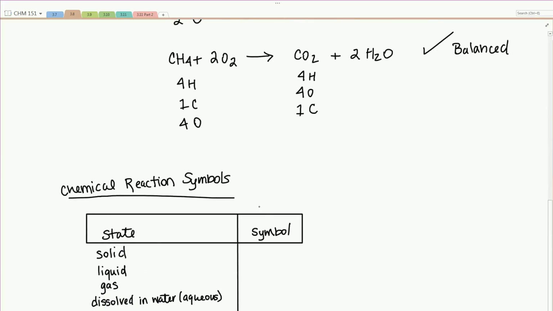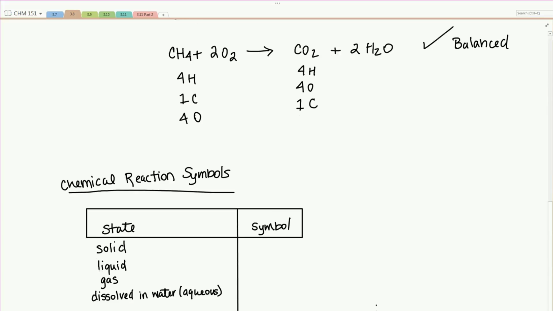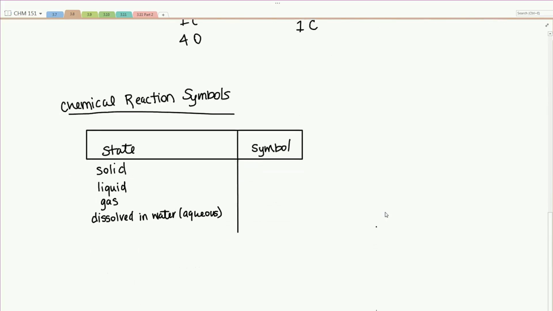So the next thing that we should look at are chemical reaction symbols. This tells us a little bit more about our reaction. If we have a solid in our reaction, it's always symbolized in parentheses, lowercase s.